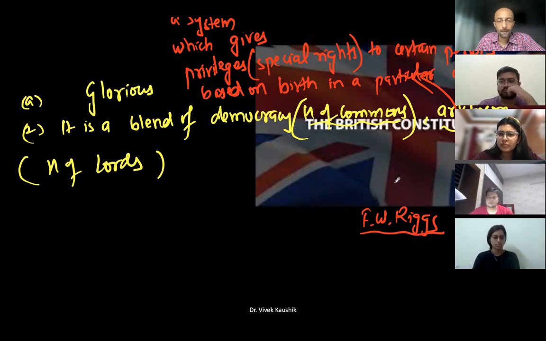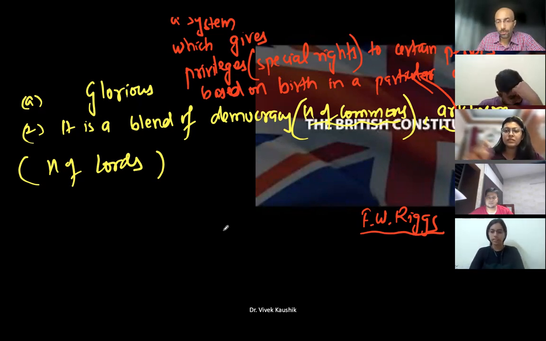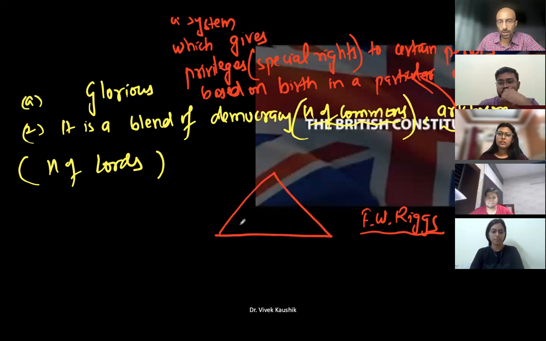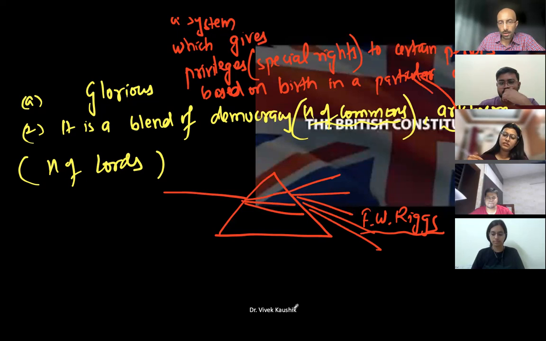F.W. Riggs, in his comparative public administration model, in his prismatic sala model, these are the fused societies.